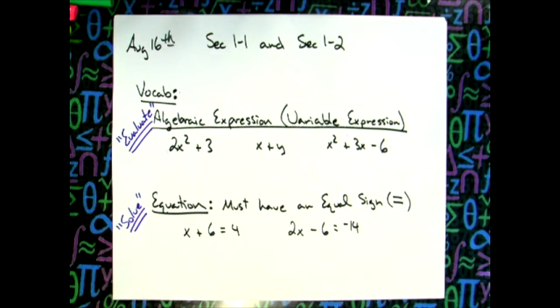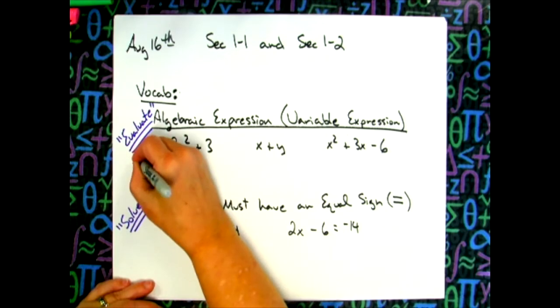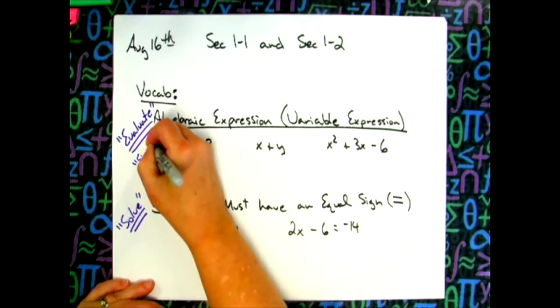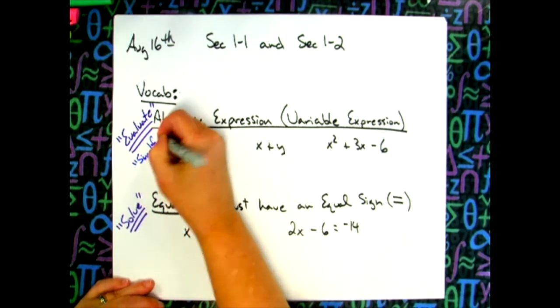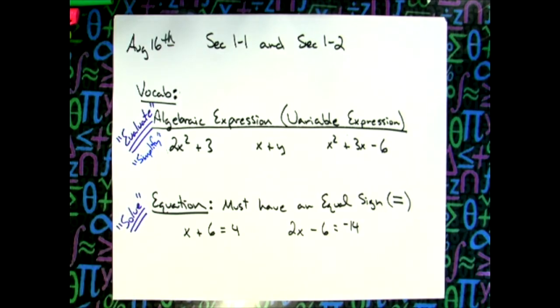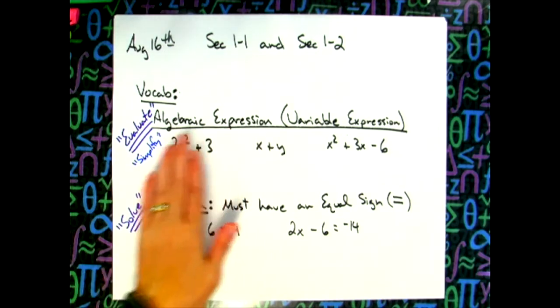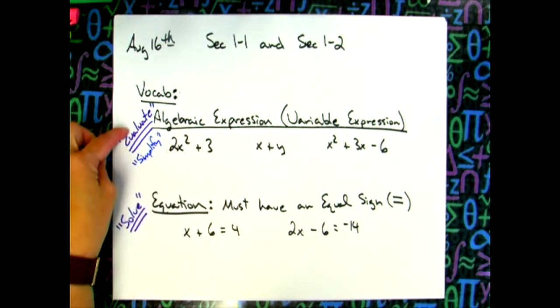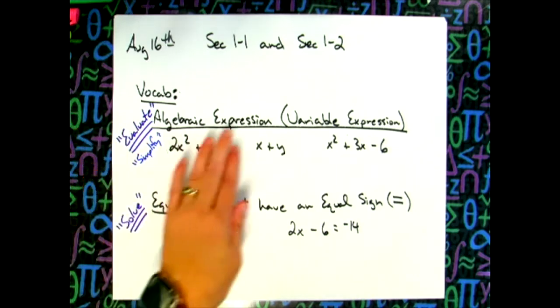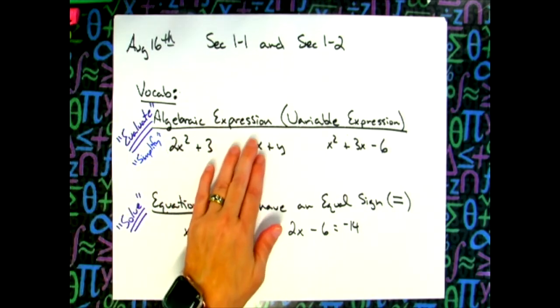Let's also add the word simplify, because I can simplify algebraic expressions because I can do this thing called combine like terms, which you probably did in middle school. 2x plus 3x is 5x. So if the directions say evaluate or they say simplify, then I am working with expressions.